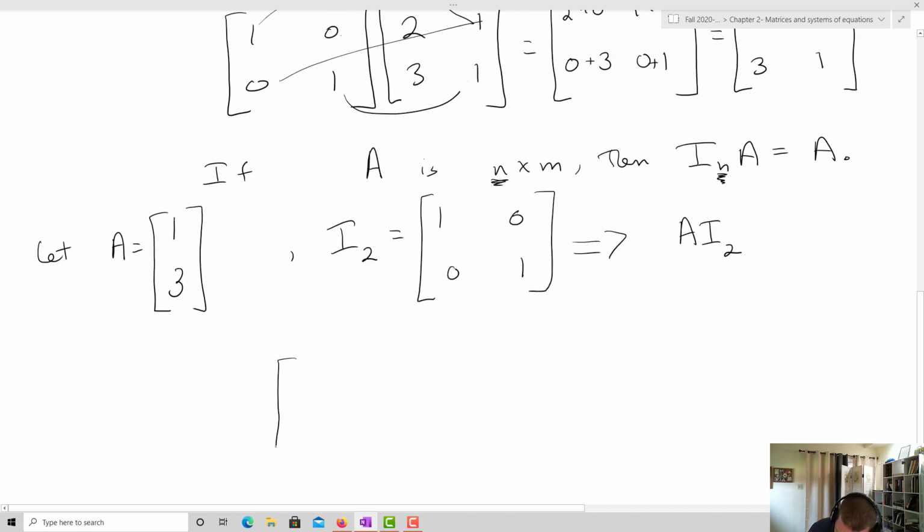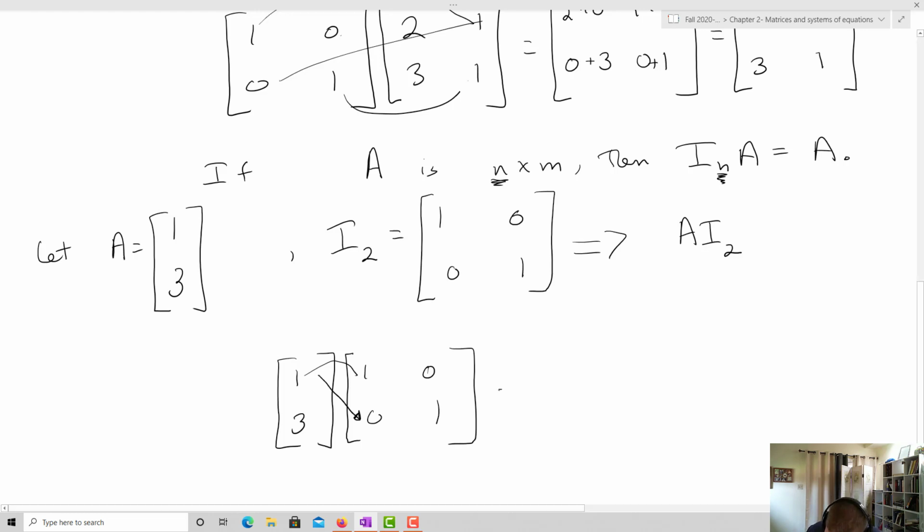I've got 1, 3, and I'll multiply it by 1, 0, 0, 1. And I get 1 times 1 is 1, but I have a problem here because I need a second value, okay? I'm supposed to do rows times columns. 1 times 1 is 1, but then what am I going to multiply by 0? I don't have anything to multiply by 0.